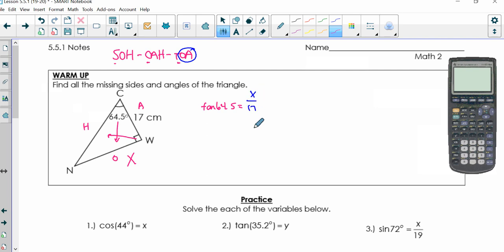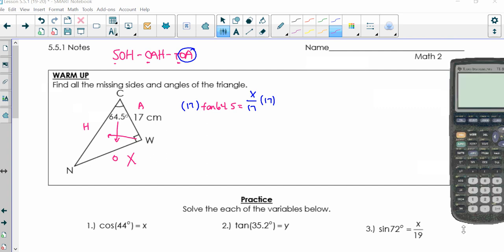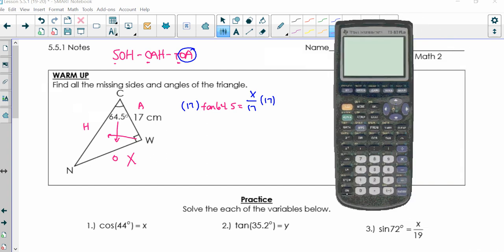Okay, so opposite over adjacent, I don't know what my opposite is, but I do know that my adjacent is 17. In order to get x by itself, I'm going to multiply this side by 17, and I'm also going to multiply this side by 17. So that means I got x by itself. Remember in your calculator, anytime that you reset your calculator, you're going to have to go to mode here. Mode's right here. And you're going to have to change this back into degree mode.